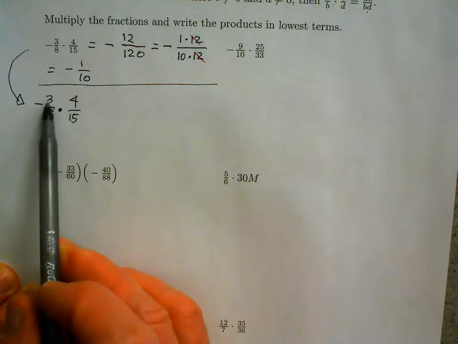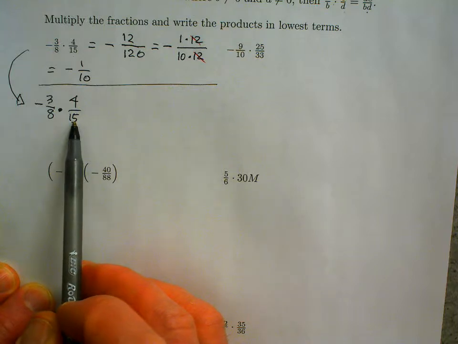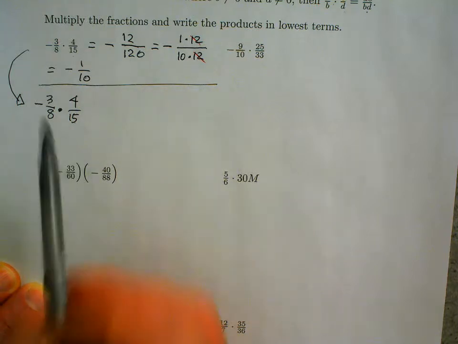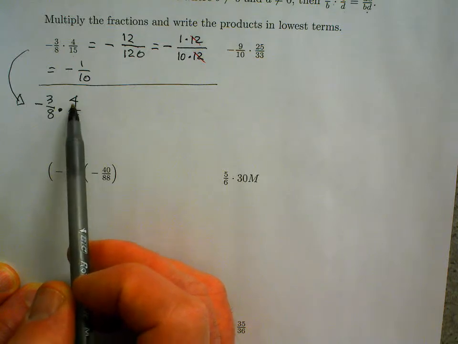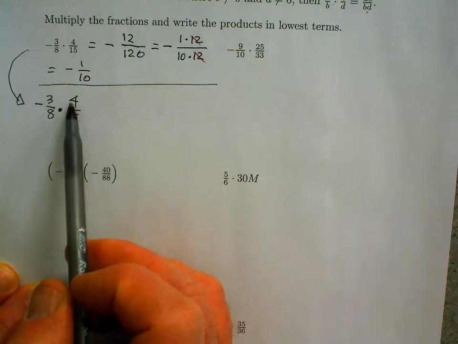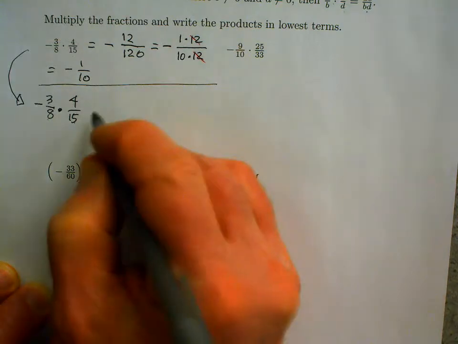So notice this numerator is 3, and this denominator is 15, which is 3 times 5. And then we have another pair of common factors. This numerator is 4, and this denominator 8 is the same as 2 times 4.